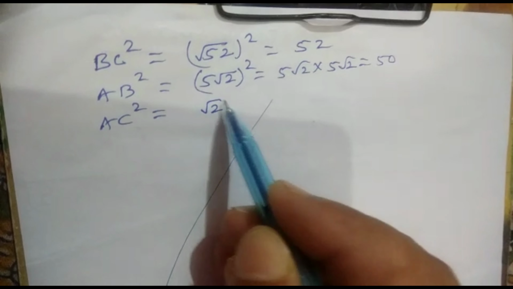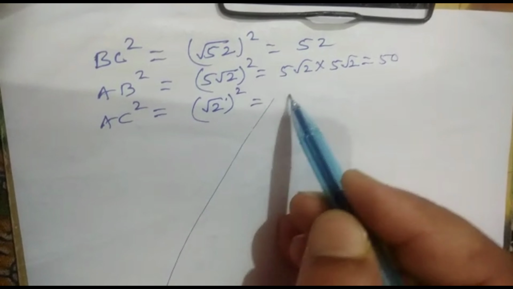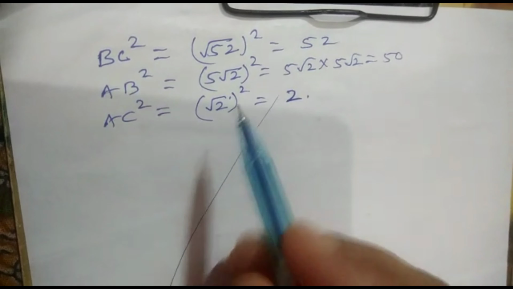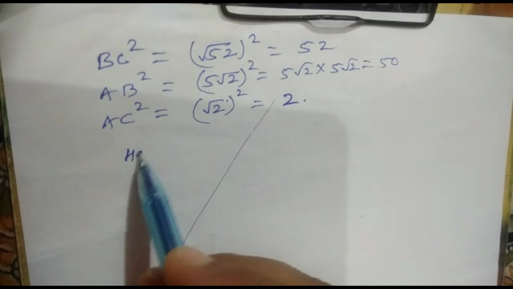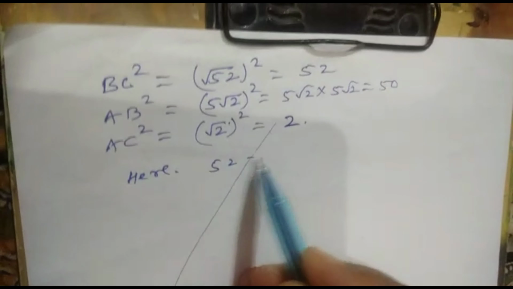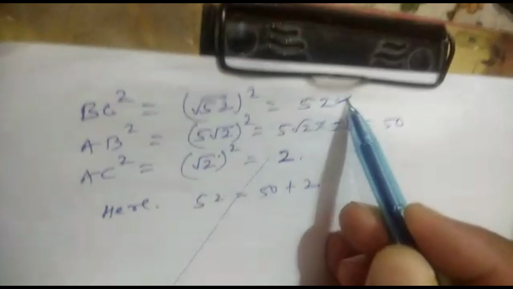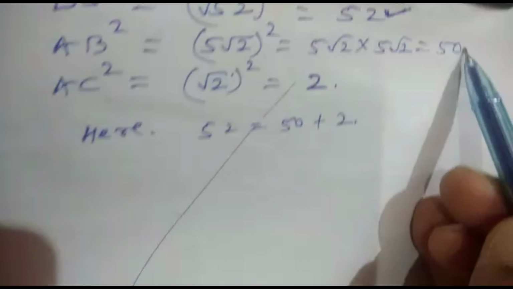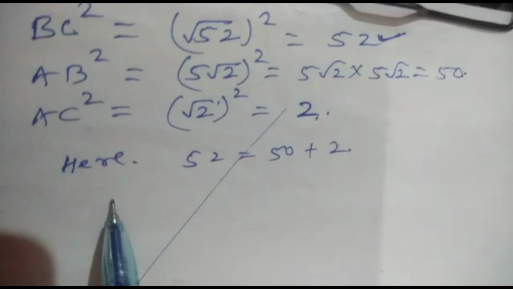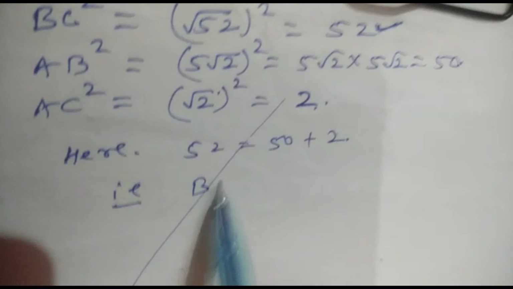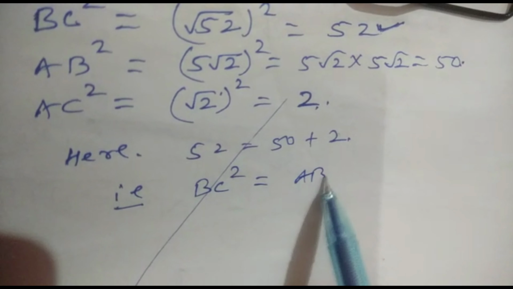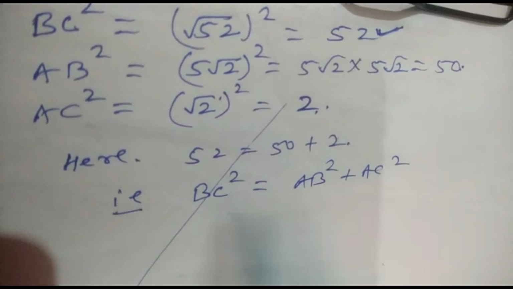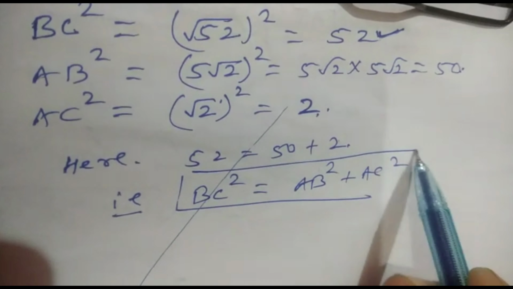AC is root 2. Root 2 square is 2. Here we see 52 equals 50 plus 2. That is, the value of this is equal to the sum of this and this. We can write BC square equals AB square plus AC square. Here this relation is coming.